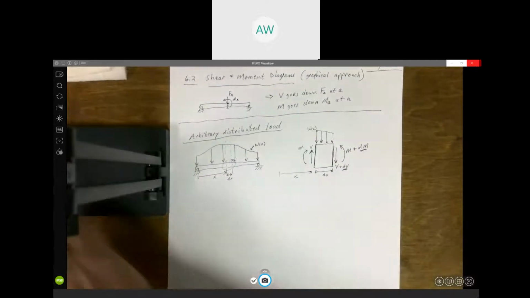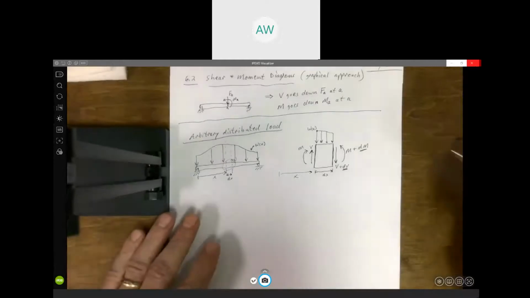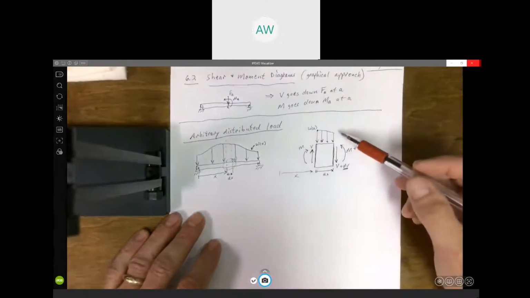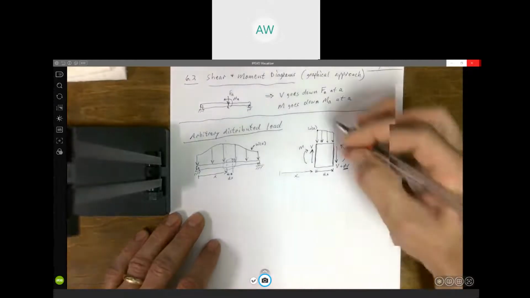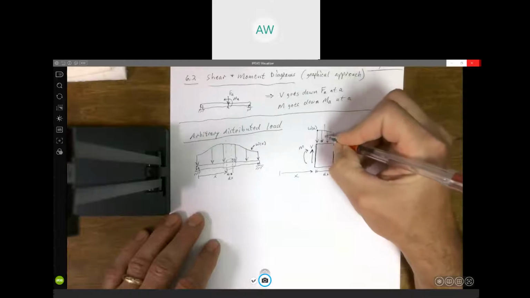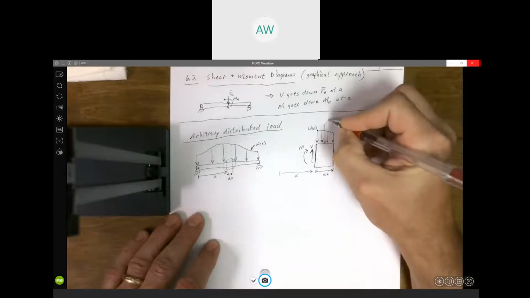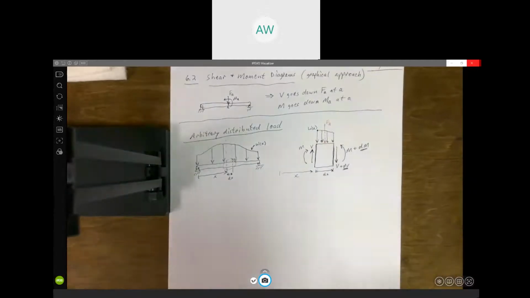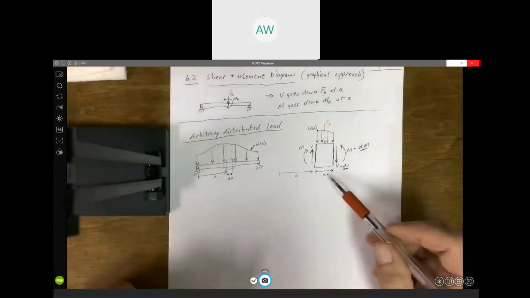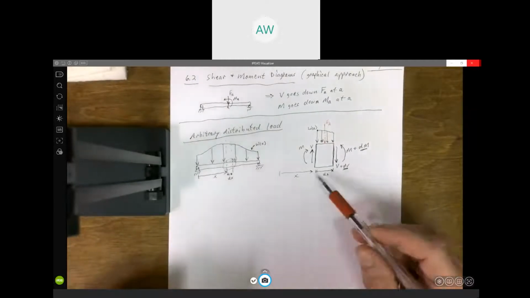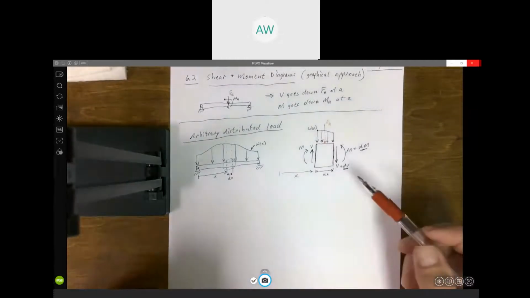All right, so what we're going to do first is what you've done in statics, we've done in this course. When you have a distributed load, we want to replace that distributed load with some equivalent resultant force. Now here's where we're going to use the fact that we're looking at a really, really small length or width here.